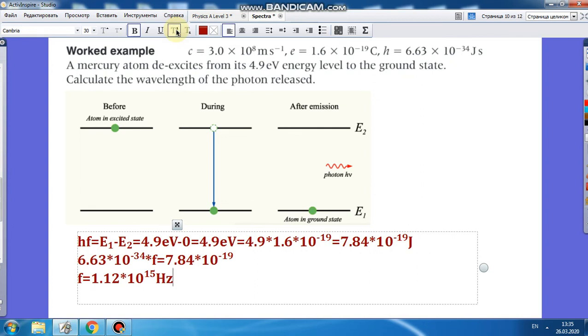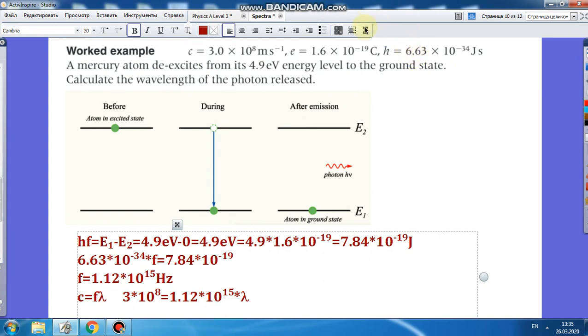So after we find the frequency, we can calculate the wavelength by this formula: c is equal to f times lambda. c is the speed of light, 3 times 10 to 8 is equal to 1.12 times 10 to 15 times lambda.